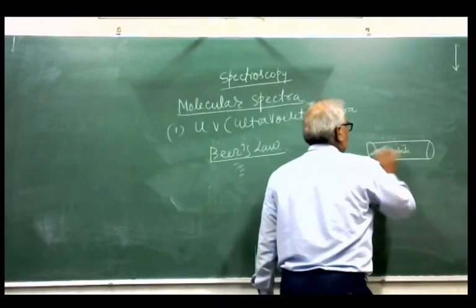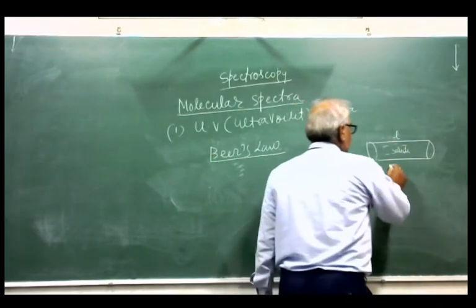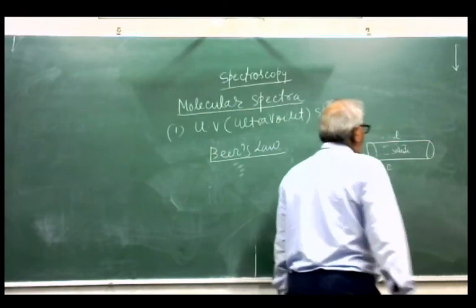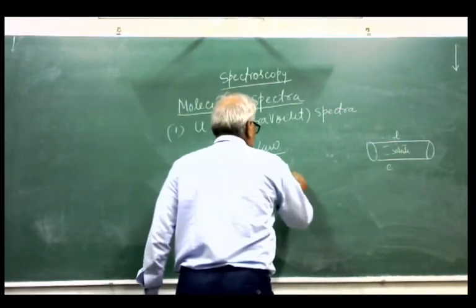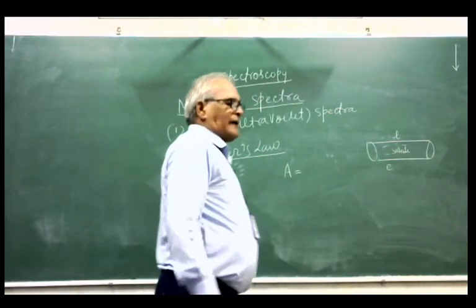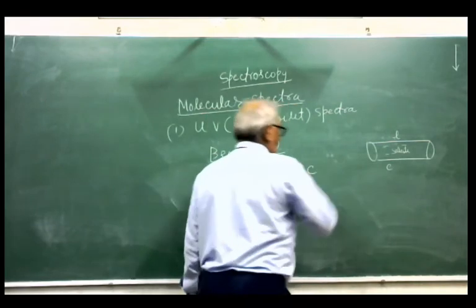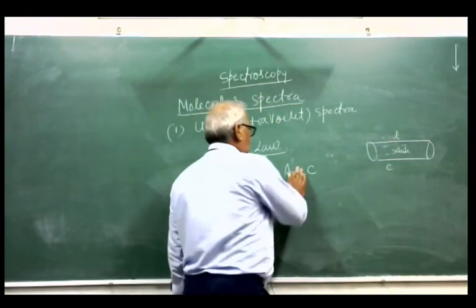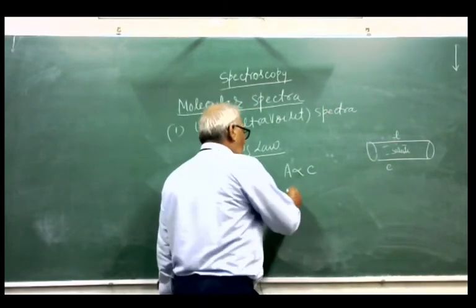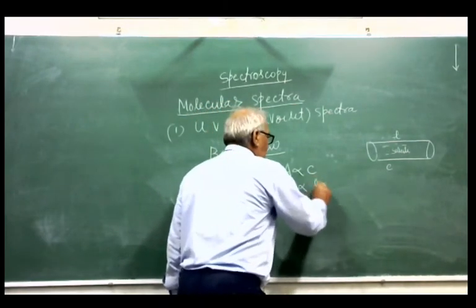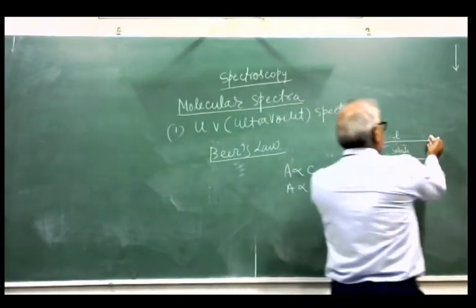The length is L, and the concentration is C. So according to Beer's law, A, the absorption of light, is proportional to C. Also, A is proportional to L. What is L? Length of the light path. So this is the thickness.